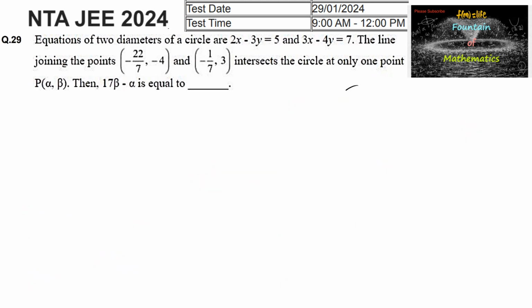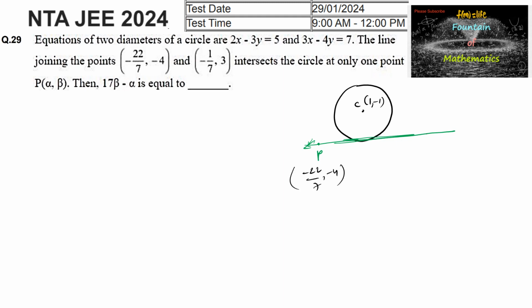So we got a circle with a center 1 comma minus 1, let's mark C, and the tangent line passing through two different points, minus 22 by 7 comma minus 4, and another point minus 1 by 7 comma 3.